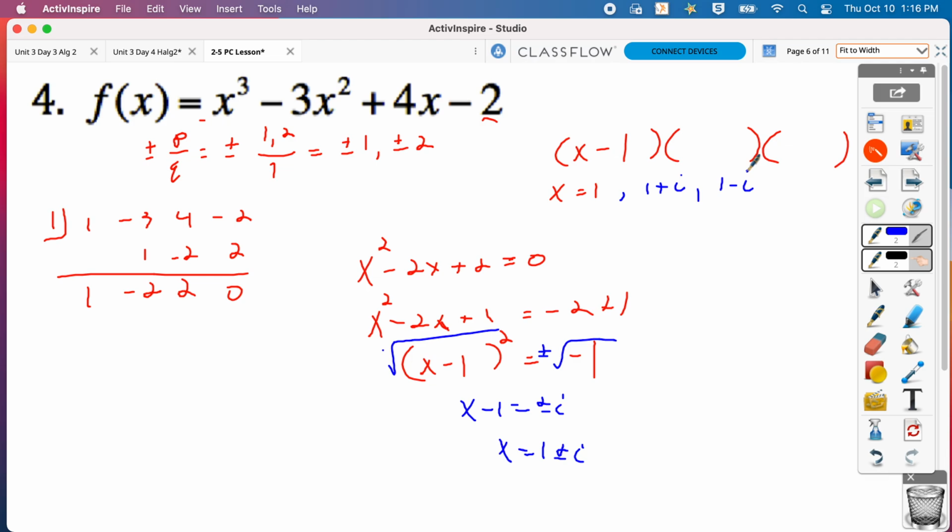Now that I have all 3 solutions, I put the opposite into the factors. That's my product of linear factors. All right, so we're going to have to find potential good answers, plus or minus p over q. Synthetically divide them out. Get it down to an x squared, and work with what you have left.